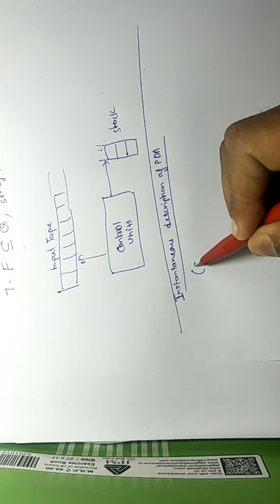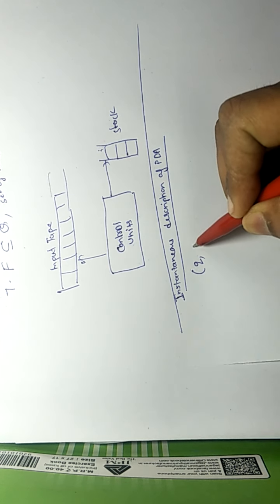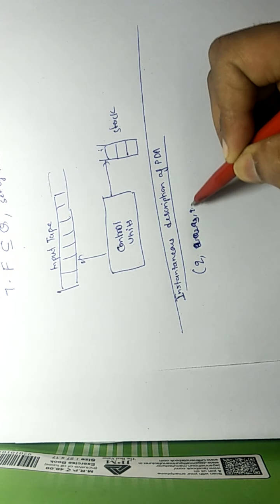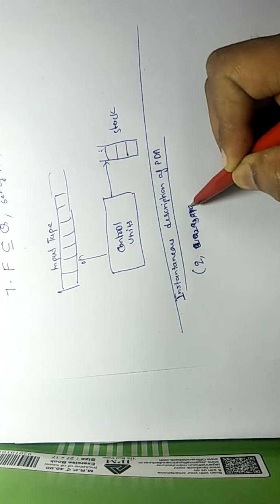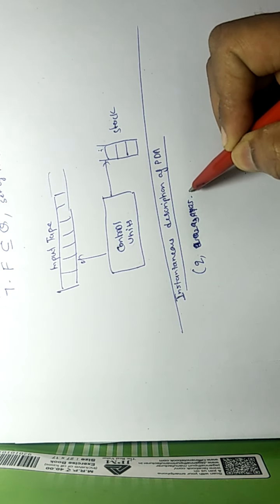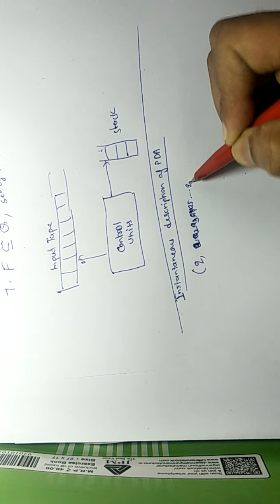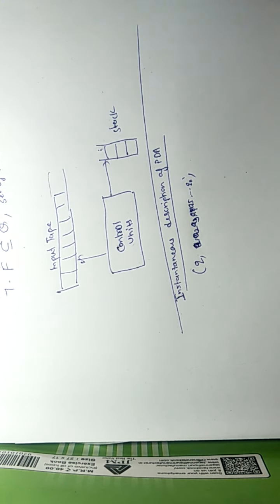It is just like a state having some input a1, a2, a3, a4, a5, up to an. We have state, then input.